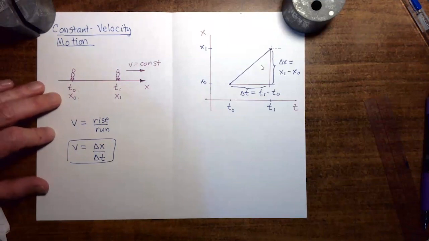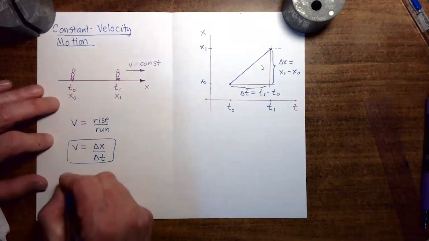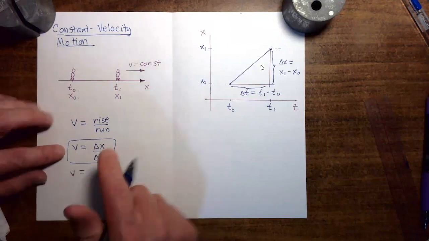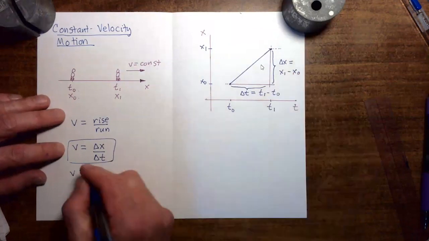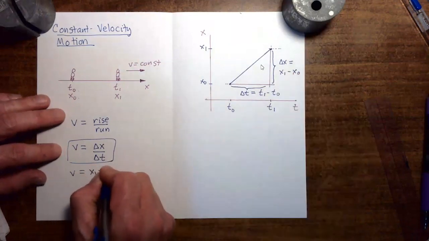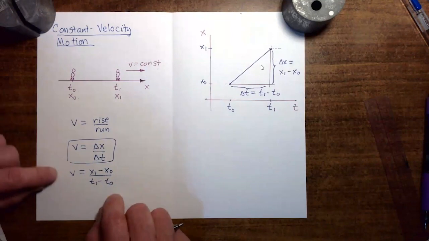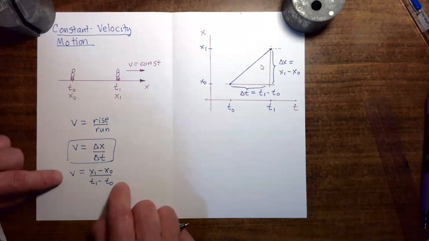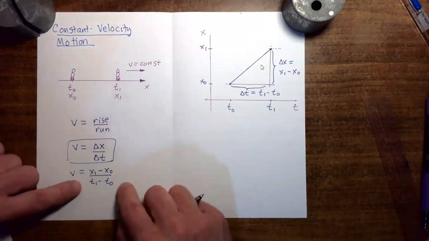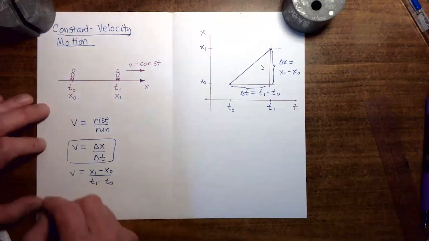Now we can get another formula. So for that, let's go back to this equation here and replace the delta x with x1 minus x0 and the delta t with t1 minus t0. Now we're going to do a bit of algebraic rearrangement. So let me take that t1 minus t0 up to the left.